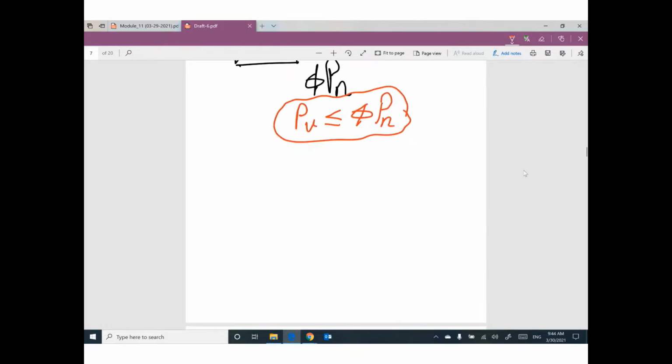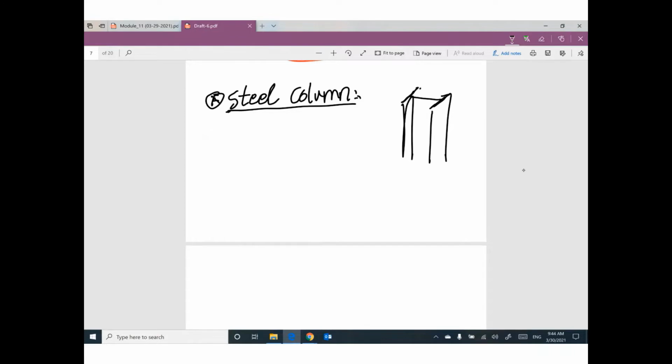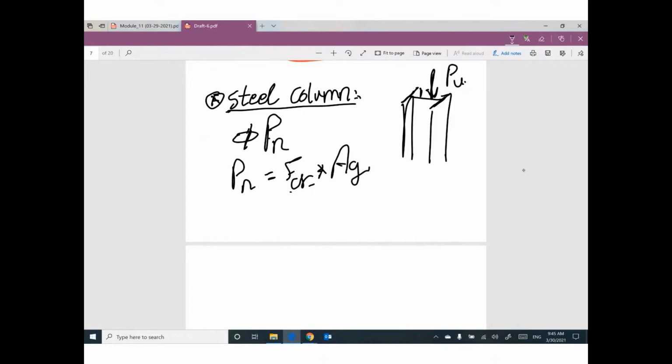In this semester, I covered how to design steel column. You have a column under the effect of P ultimate. We can figure out the design compressive strength of any column. Pn, if you remember, equals F critical times area gross. How to figure out the value of F critical?